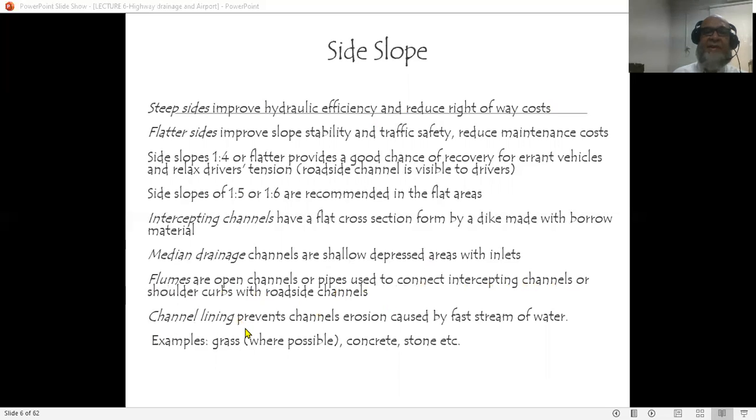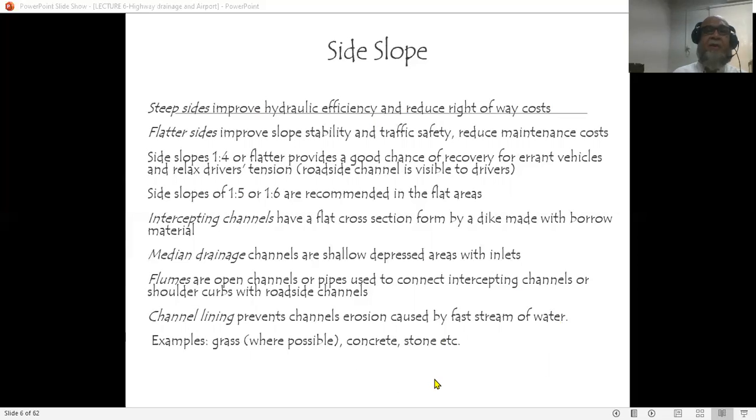Channel lining prevents channel erosion caused by fast streams of water. Nowadays, the channel is also lined with a geosynthetic material, so not only does it make it waterproof, but it holds the sides of the channels, not allowing them to erode.